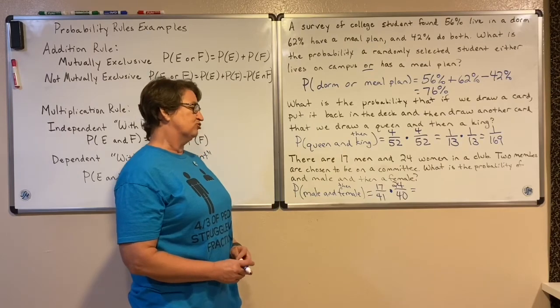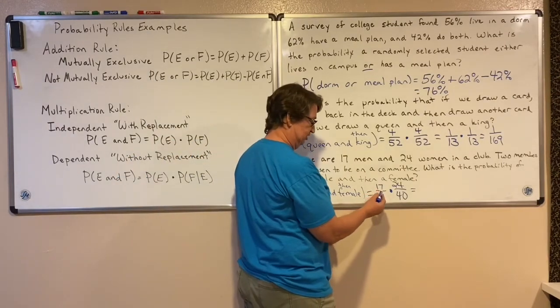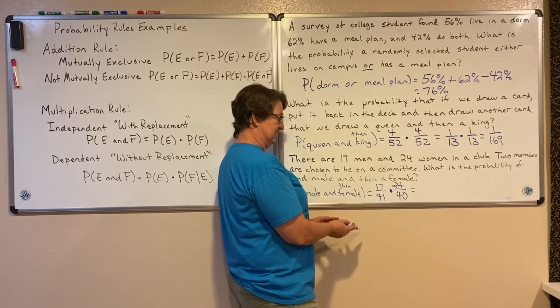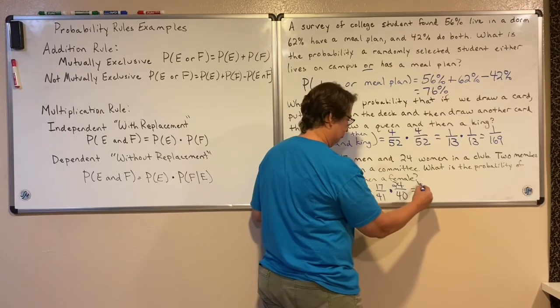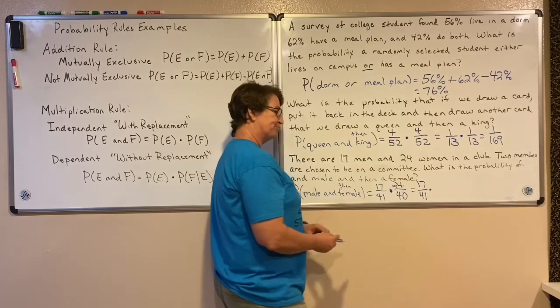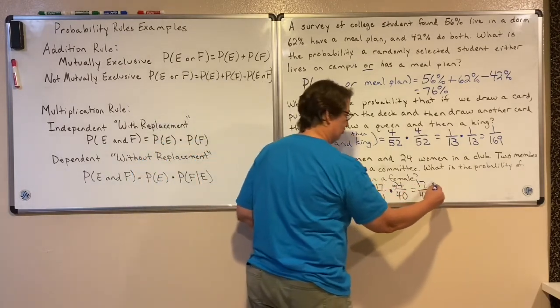So now I just do this multiplication. I'm going to simplify first again to make it a little easier. 41 is a prime number and so is 17. But 24 40ths then does simplify. 8 goes into both of those. 8 goes into 24 3 times.